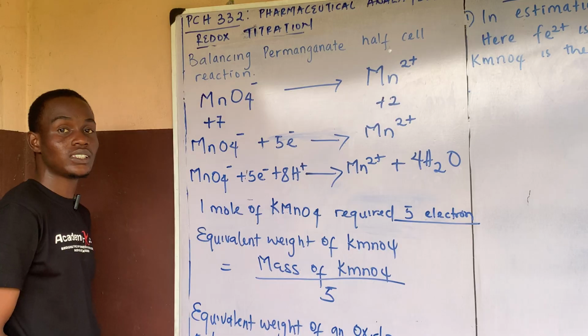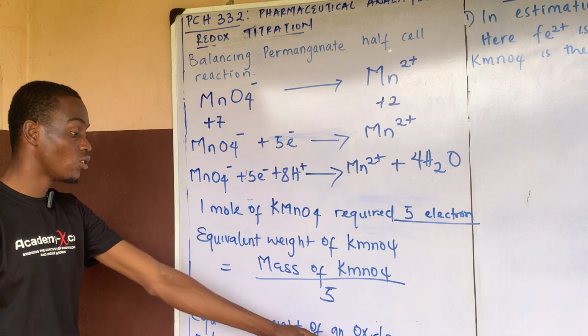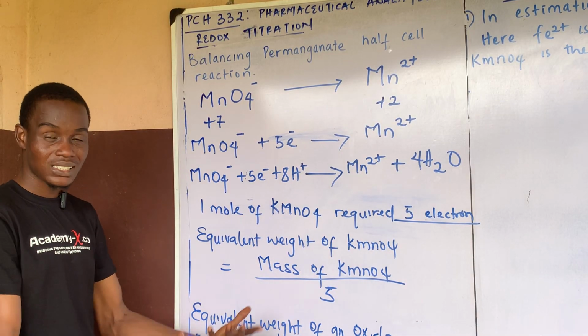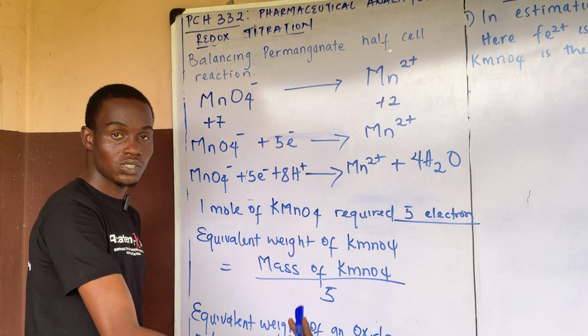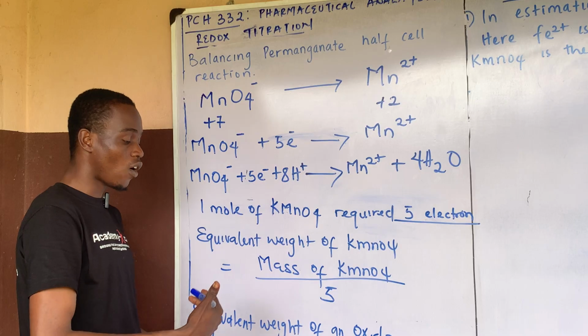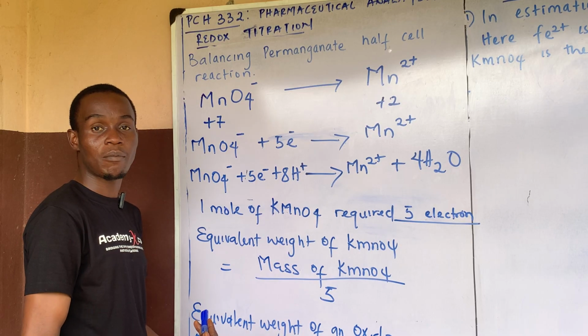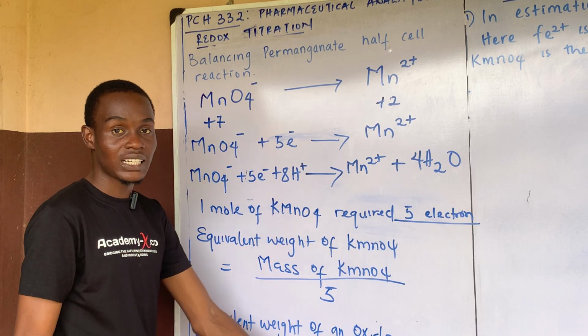So this will be the formula to get the equivalent weight of an oxidizing or reducing agent. You get the mass of the agent, and you divide it by the number of electrons lost if it's a reducing agent, or by the number of electrons gained if it's an oxidizing agent.